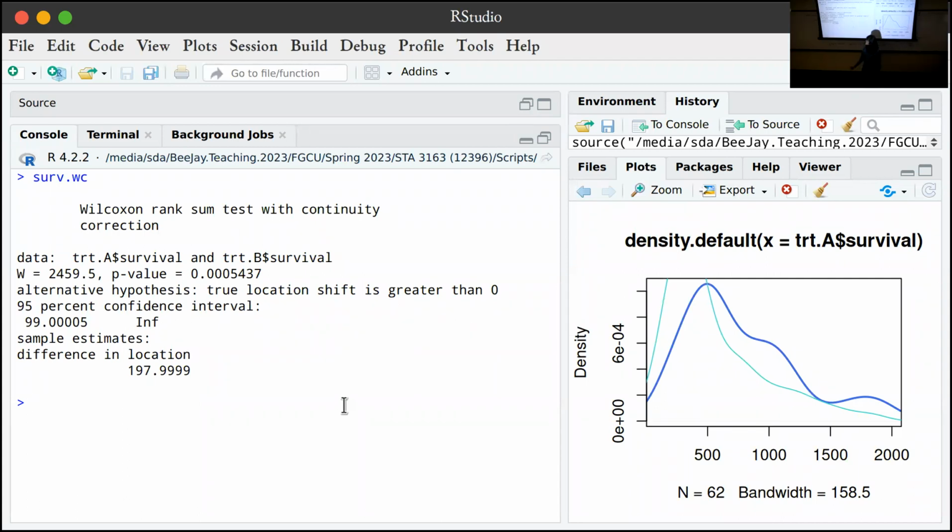Do we see U in the output? No. No. Yes, we do see it. Wow. It's right there as W. Very good.